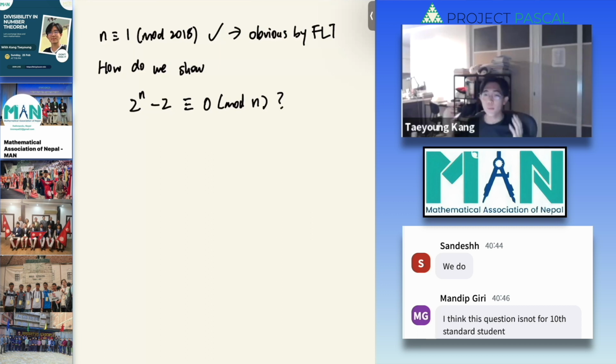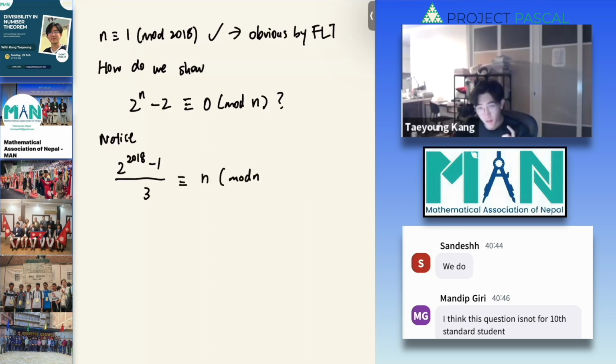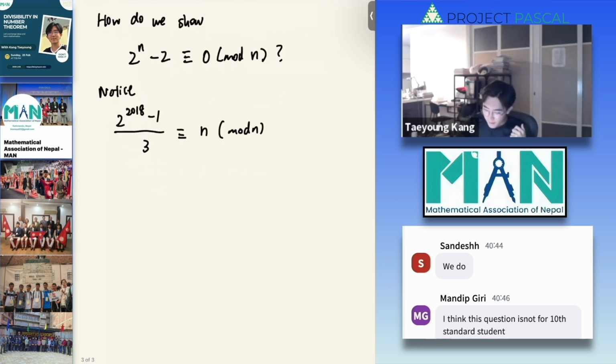Okay, so the way you do this is firstly notice (2 to the power of 2018 minus 1) over 3 is congruent to n mod n. And then this is congruent to 0 mod n, right?